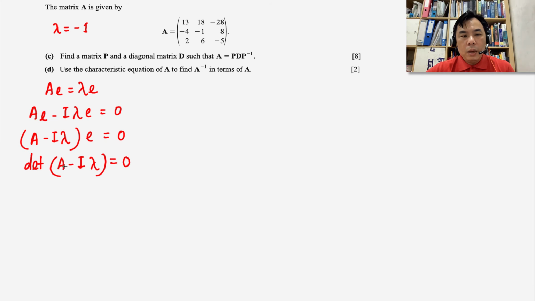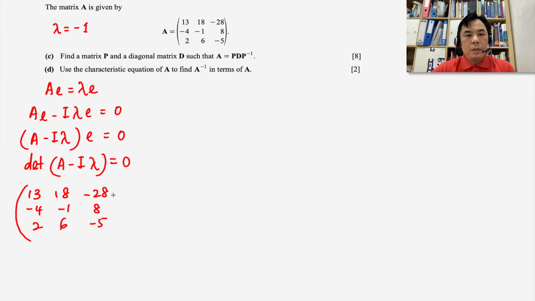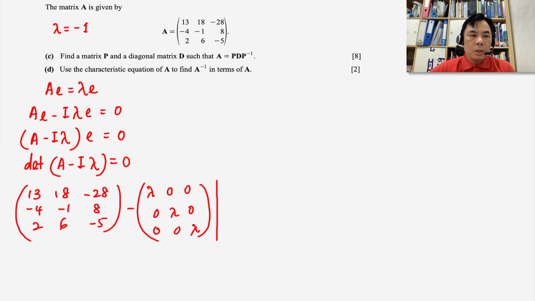So A minus I lambda. So basically, it means the A, this is the A, and then subtract off with lambda. Yes, I'm going to use the modulus sign just to represent the determinant equal to 0 here.